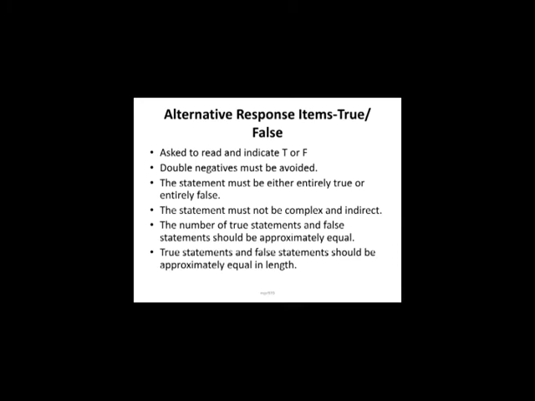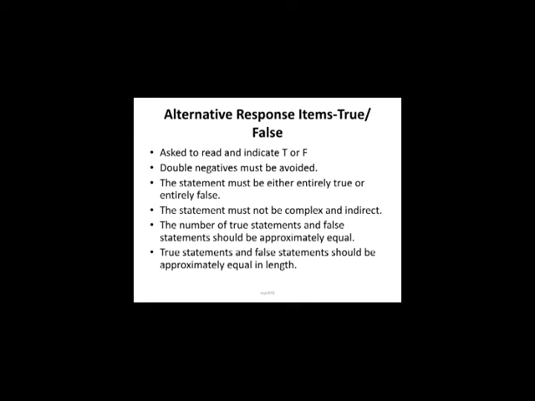Here the important thing to be considered is that double negative statements should not be used in alternative response type items. Statements must be either entirely true or entirely false, and the statement must not be complex and indirect. Indirect statements should not be used.